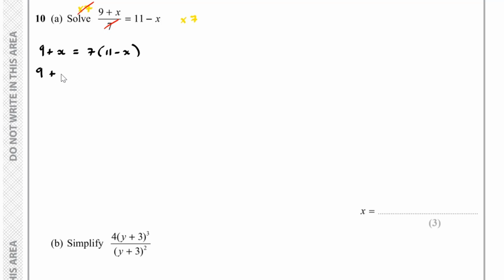So if I expand out, we've got 9 plus x equaling 77 minus 7x. And if we take all the x's over to one side, so add 7x to both sides, we have 8x equaling 77 take away 9, which is 68. And if I divide both sides by 8, x is equal to 8.5.